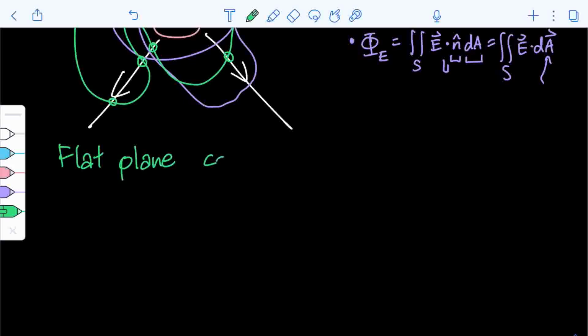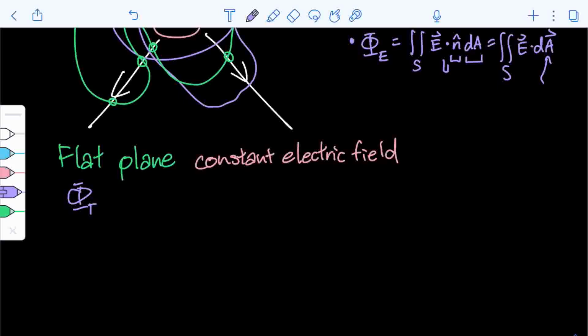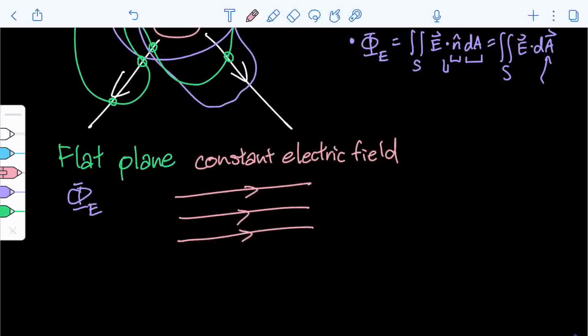and a constant electric field. So what's the electric flux in this case? So let's draw this out. We're gonna have some lines. I'm gonna make it a little smaller. So let's say we have some constant electric field.